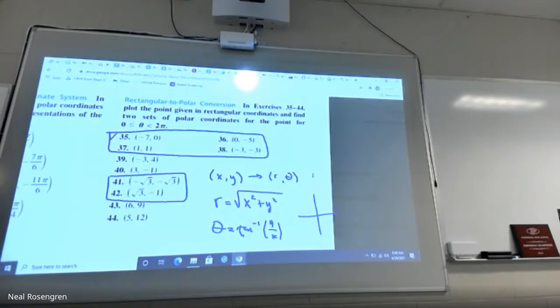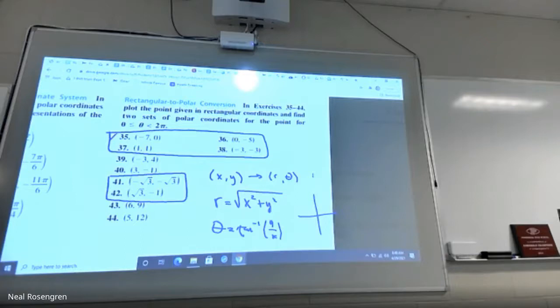I think we did ones kind of like 35 or 37. 42 is a nice one too. Root 3 over 3, negative root 3 over 3. Let's see, inverse tangent of negative 1 over square root of 3.